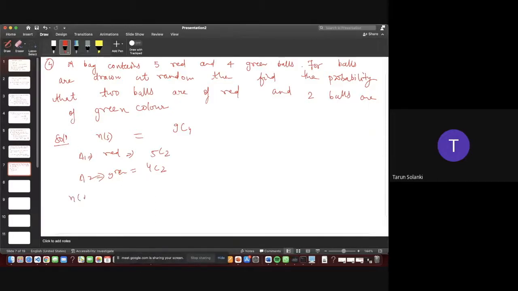So n of A is equal to n of A1 into n of A2, correct? Which is 5C2 into 4C2. So the probability of A will become n of A by n of S, which is 5C2 into 4C2 divided by 9C4. So solving, you will get 10 by 21.